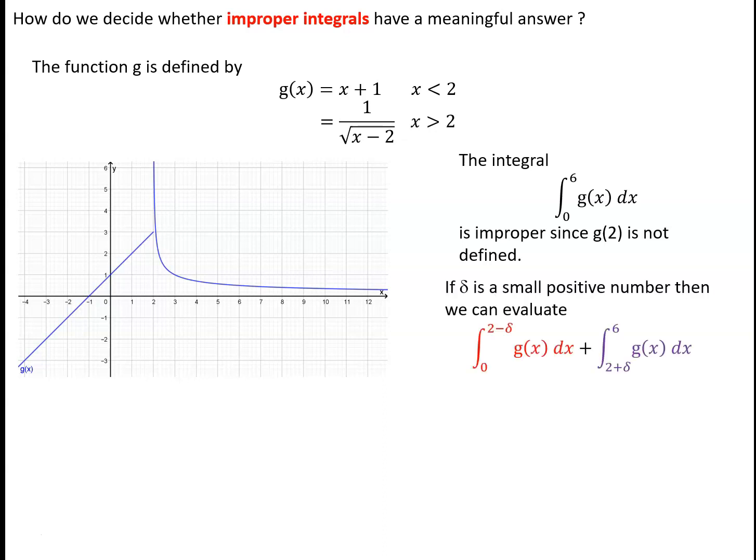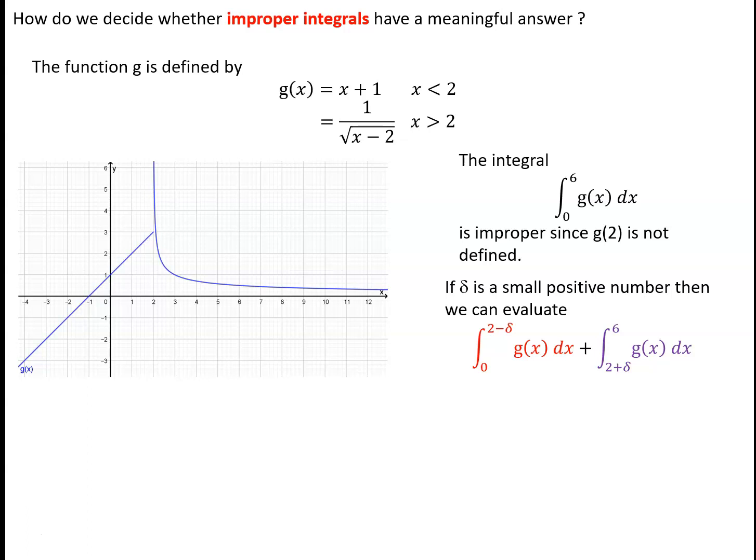And what we certainly can do happily is split the integral into 2 bits. Think about what's happening between 0 and 2 minus delta, so a little bit before x equals 2, and then from 2 plus delta up to 6.